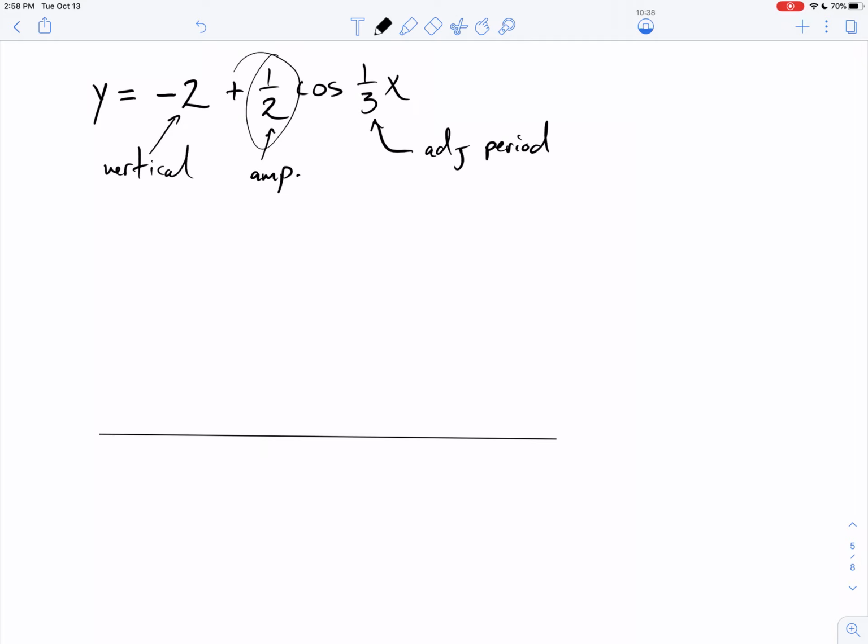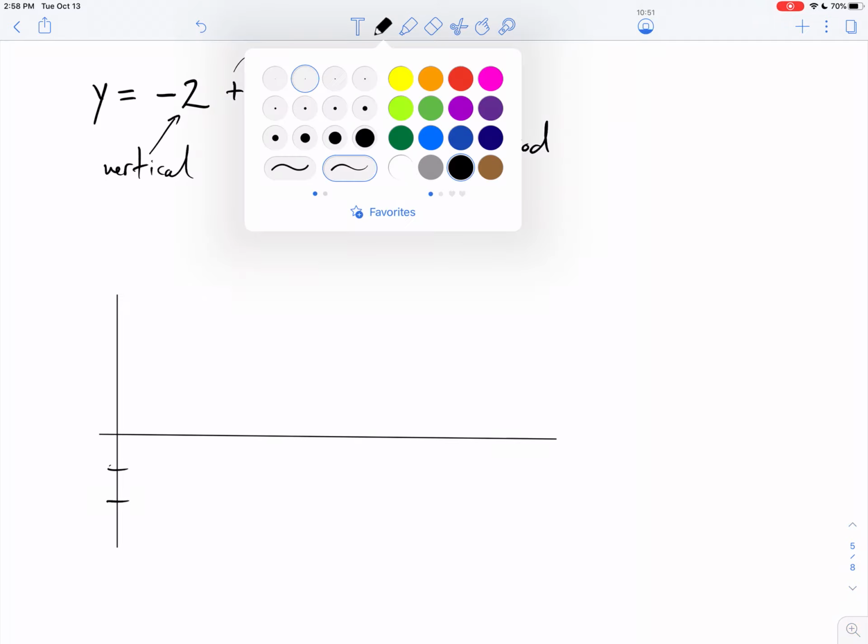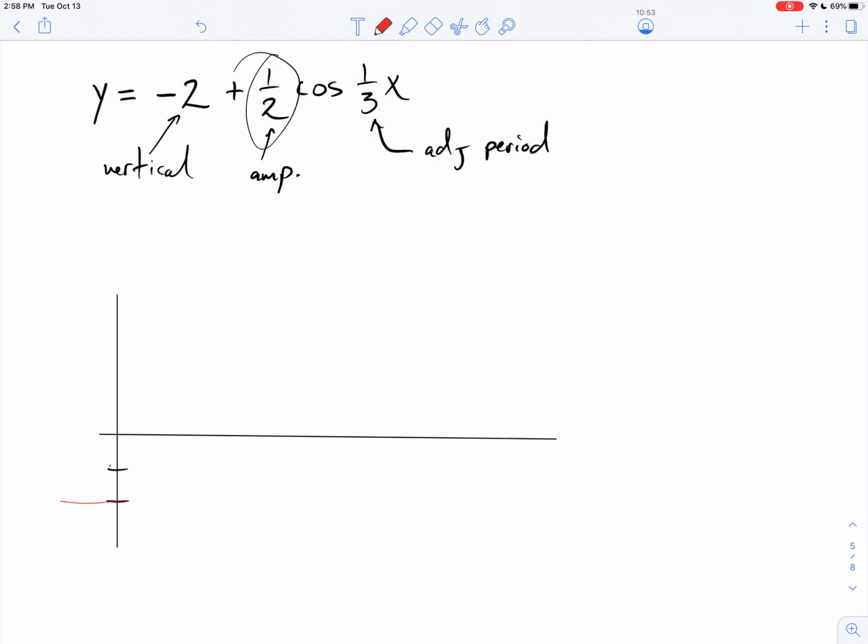I am going to put my y-axis right here. But I know that my graph has a center line at -2. So once again, just like I did last time, I'm going to put my center line at -2, and I am going to denote that for you. Center line. That's this one.